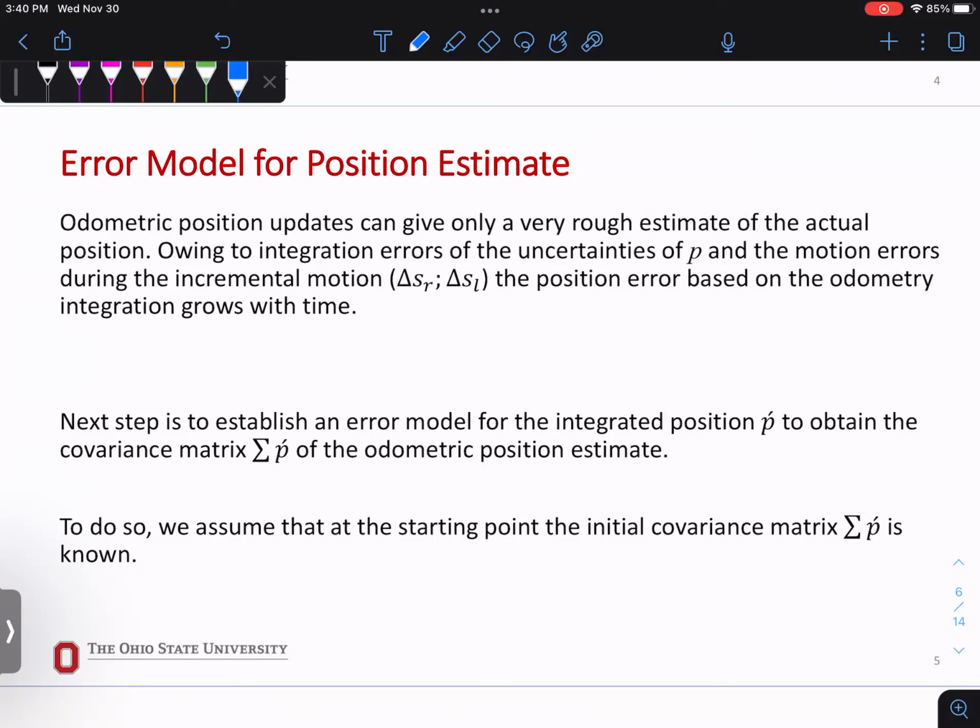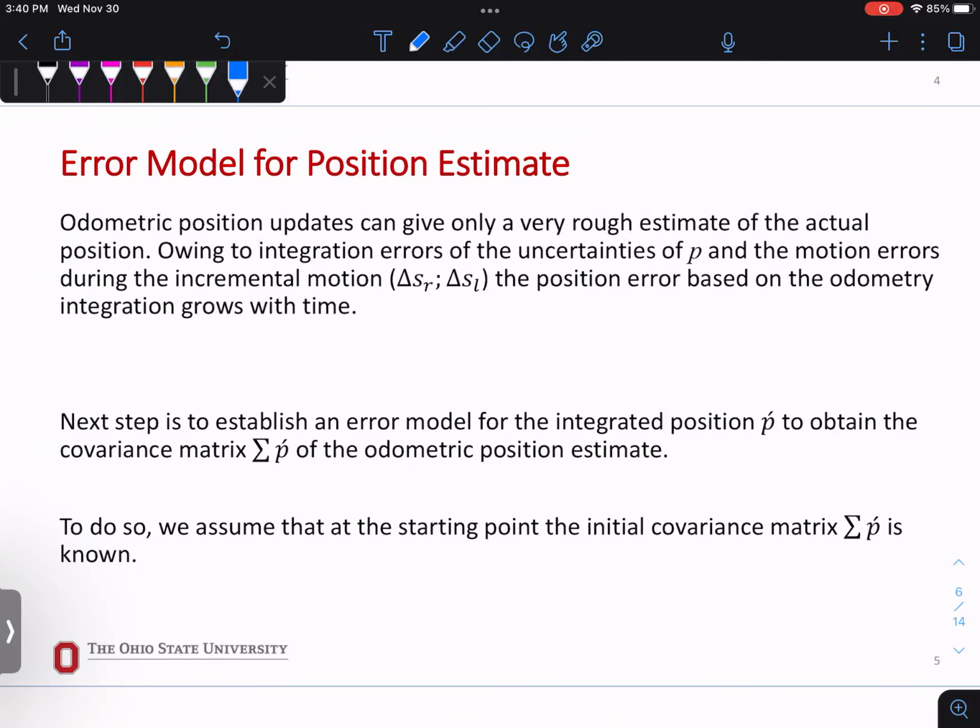Now we're going to define a covariance matrix to show the changes in the uncertainty of our input and output, the uncertainty of the error. We need to know the probability of how much this error estimate is correct. We have to have the knowledge of that.